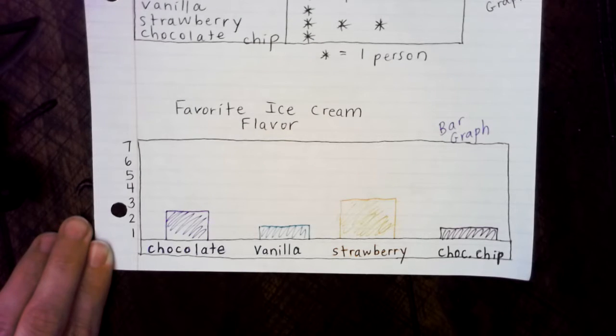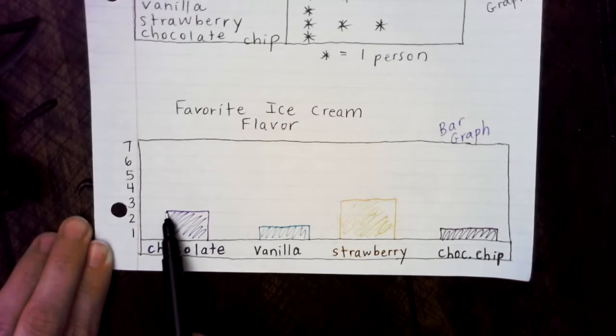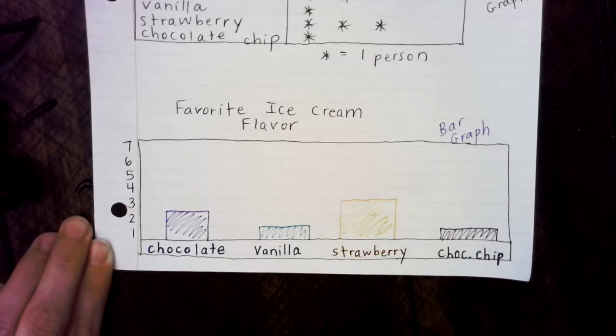Okay, now remember back to the tally chart and the picture graph. How many of my family members voted for chocolate? 2, right? Dad and brother. Okay, so I did a bar graph up to the number 2. See how it goes here to the number 2? And then I shaded it. Okay, let's look at vanilla. How many people voted for vanilla? Just 1.